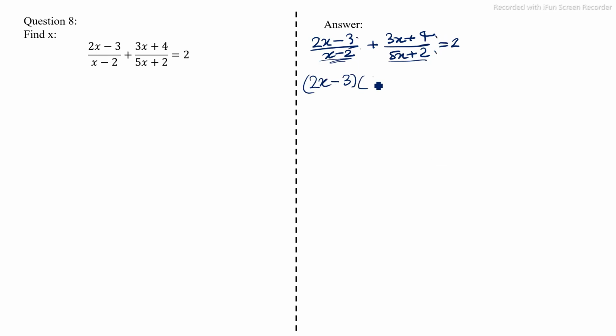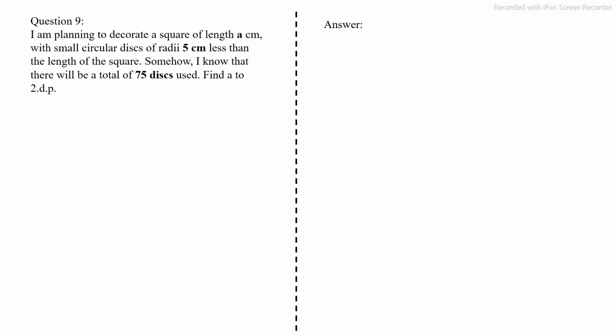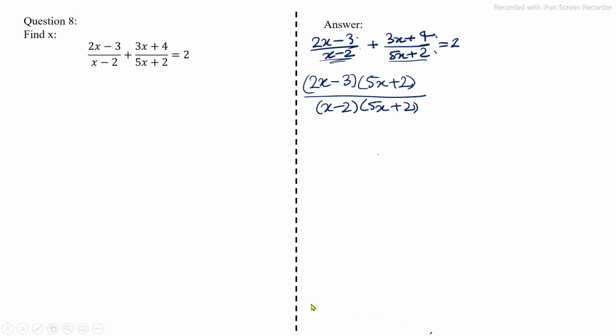So 2x minus 3 and 5x plus 2 divided by x minus 2, 5x plus 2. Do not cancel these out, because that's the main purpose of what we're doing. So plus, we can just do this once more: 3x plus 4 times x minus 2, and then x minus 2 times 5x plus 2.